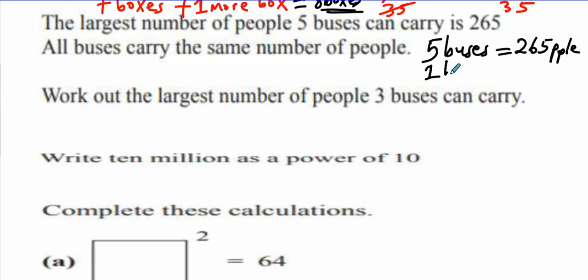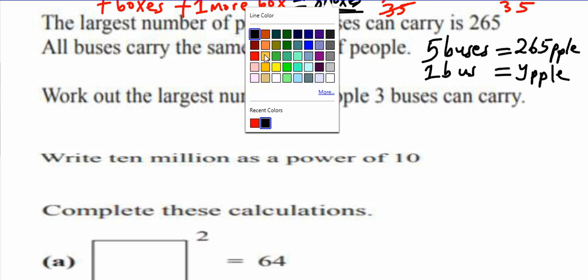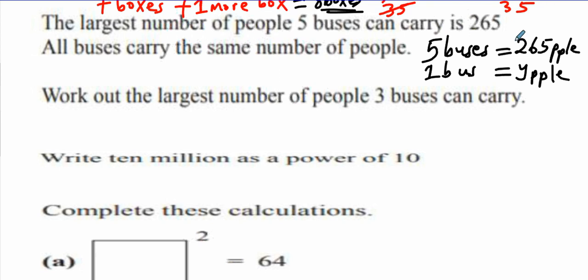Let us calculate how many people one bus will carry, because 5 buses can carry 265. To do that, put unknown people, y, and then you do cross multiplication. So this will be 5 times y is 5y equals 1 times 265 is 265.